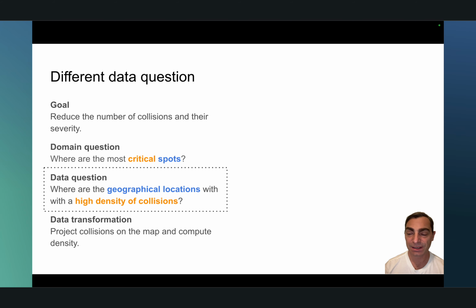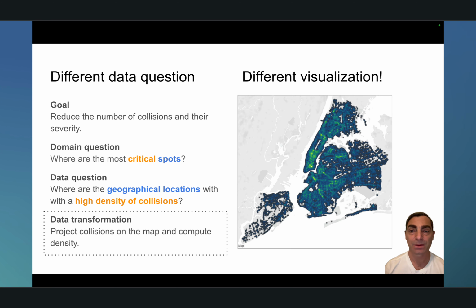And once I do that, I can create a new type of map where I project and visualize the density of collisions using a specific color map. We will talk about effective color design later on in the course. Here is a very effective color map that shows exactly where the hotspots are. You see there are some really bright spots in some of the areas, and this helps answering in a different way the original question, where are the most critical spots?